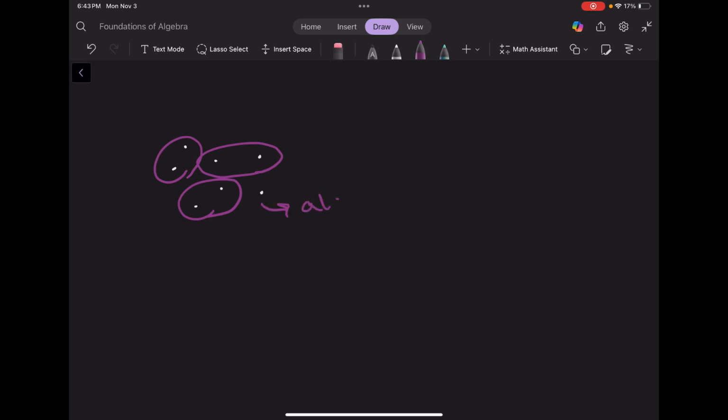But this little guy is alone. He doesn't have another friend to be grouped with. So, in this case, I have 7 divided by 2 equals, I have 1 group, 2 groups, 3, remainder 1.